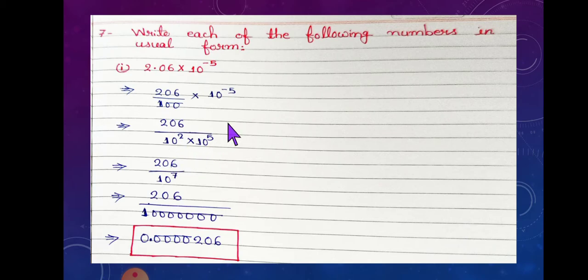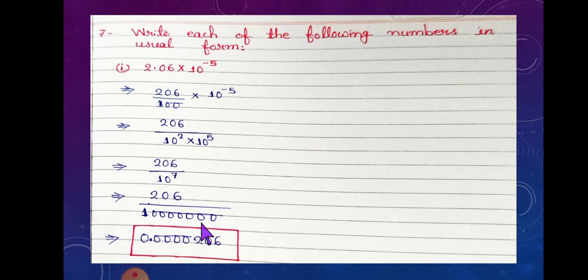Then there is the negative exponent law; again we will apply it, and when we convert negative to positive exponent, it becomes upon form. Then again we apply that when the base is the same and there is a multiply sign, we add their powers. So here also the base is the same, so we add their powers. So 10 power 7.